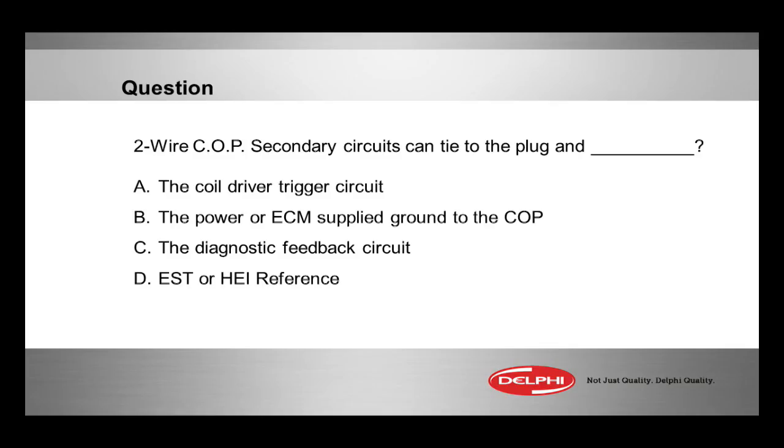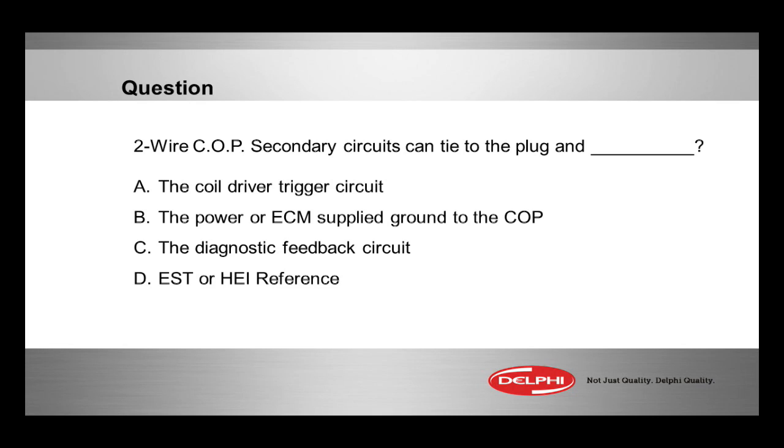Next question, two-wire, so we're back to, let's say, a Ford or a Dodge. Two-wire coil-on-plug secondary circuits can tie to the spark plug, and where else would it connect to? A, the coil driver trigger circuit. B, the power or ECM supplied ground to the C.O.P. C, the diagnostic feedback circuit.